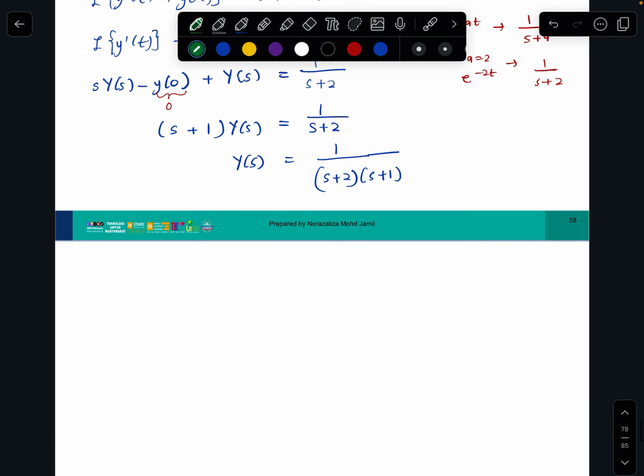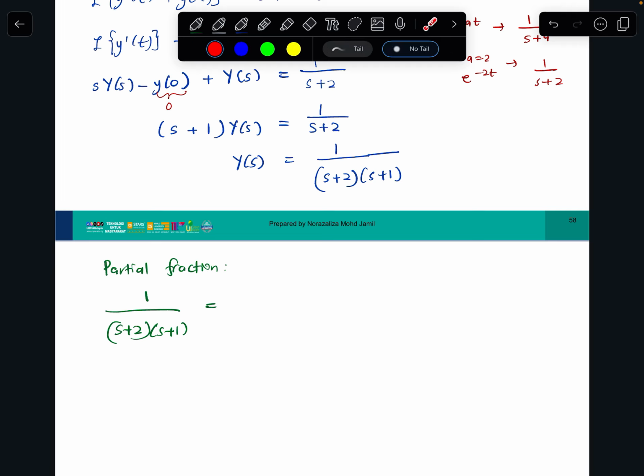So the partial fraction of 1 over (s plus 2)(s plus 1) equal to, since we have two factors, a over s plus 2 plus b over s plus 1.